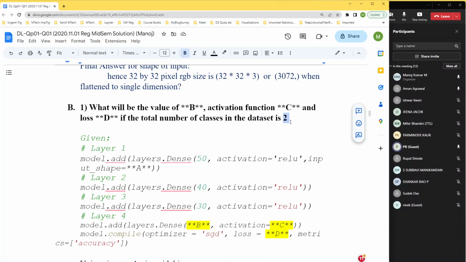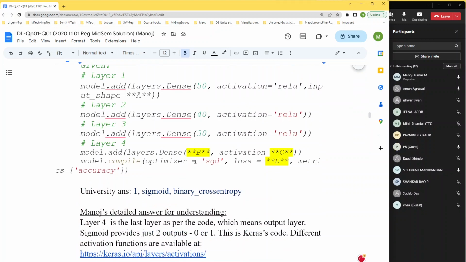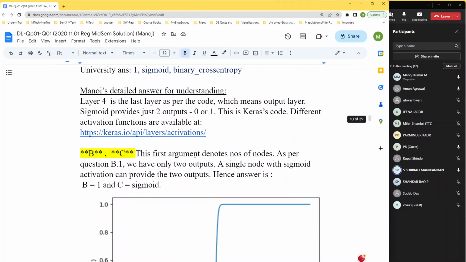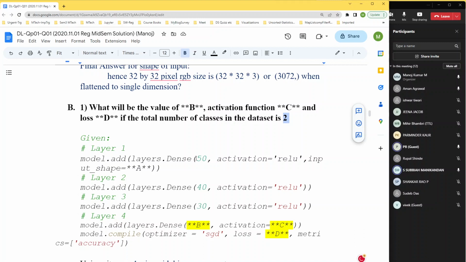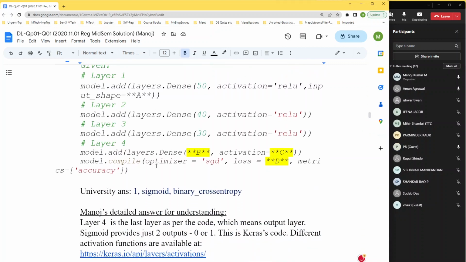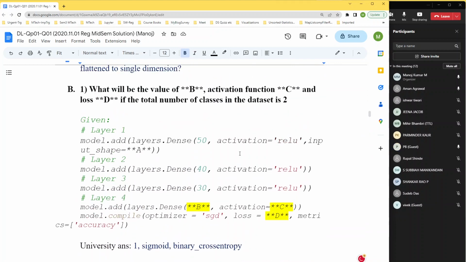It is sure, because the total is 2, so the output can only be 2. It cannot be more than 2. We are trying to classify, and classification here has 2 types of output, so we are taking the output as 2, right?